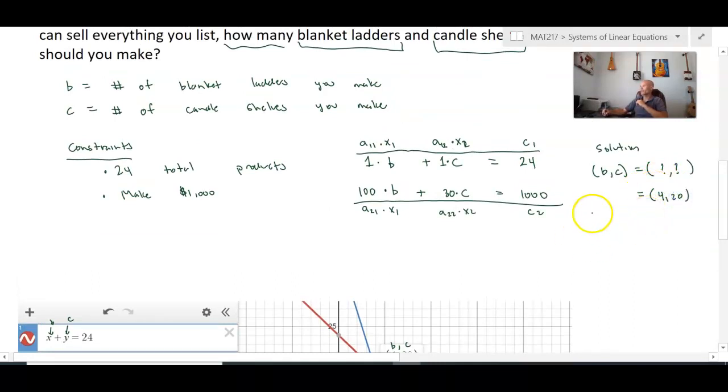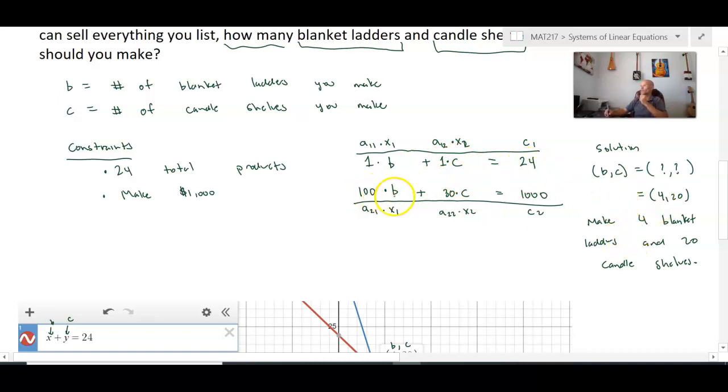So that means that I should make 4 blanket ladders and 20 candle shelves. What will that accomplish? Well, it will ensure that 4 plus 20 is 24. So I'm making 24 products using up my lumber.